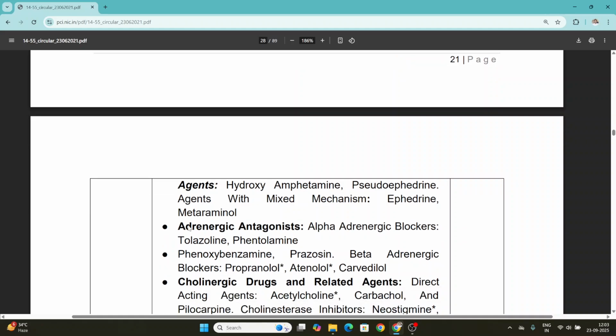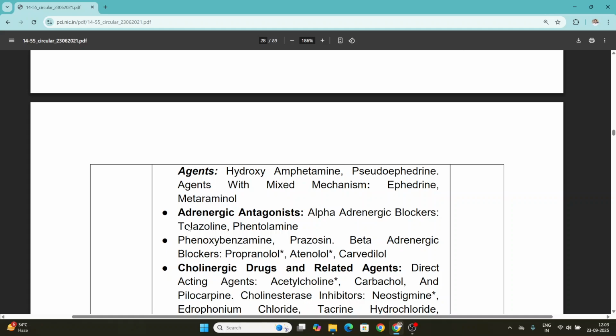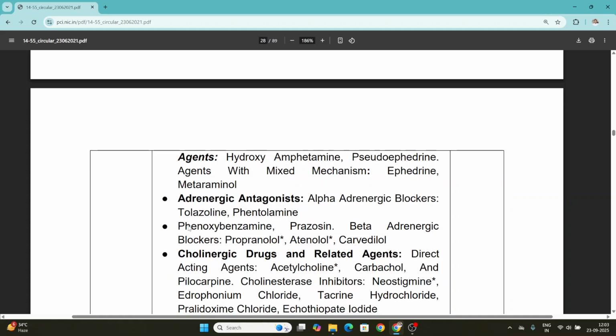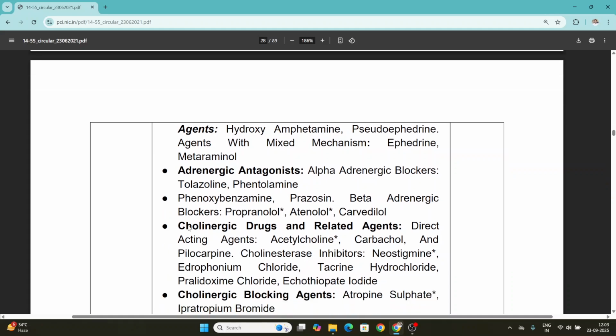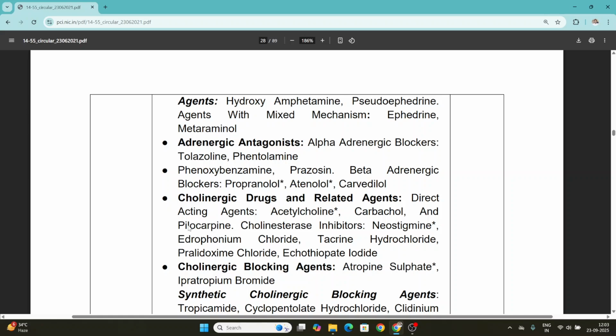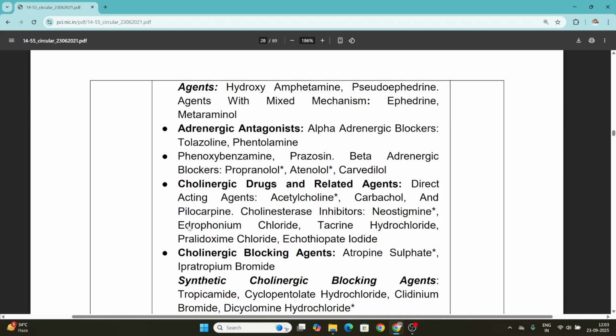Agents with mixed mechanism, that is ephedrine and metaraminol. Adrenergic antagonist: alpha adrenergic blockers: tolazoline, phentolamine, phenoxybenzamine, prazosin. Beta adrenergic blockers: propranolol, atenolol, carvedilol.